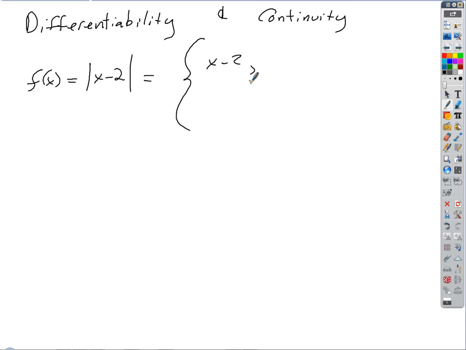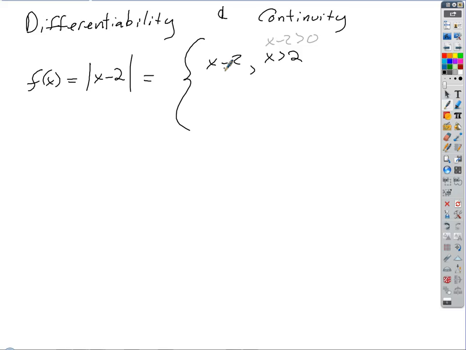But saying x minus 2 is greater than 0 is not a convenient way to say that. When we're writing a piecewise function, we want to write the subdomains in terms of x, right? So what would I do to solve for x there? Just add 2 to both sides, and we get x is greater than 2. So on that domain, that's the value of the absolute value function.